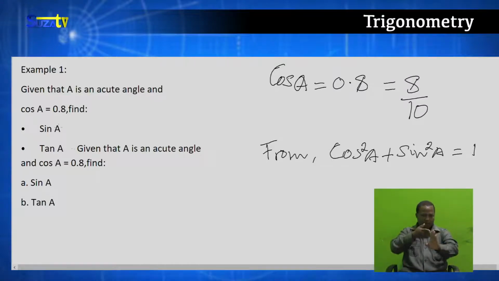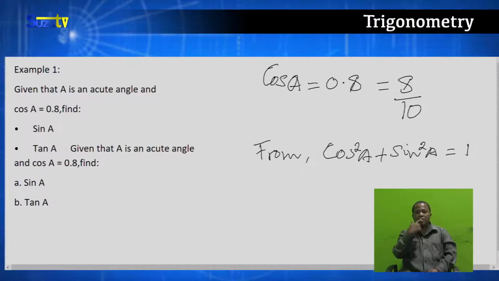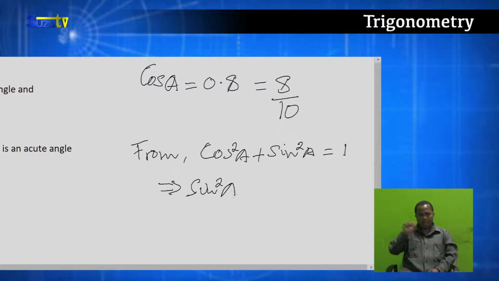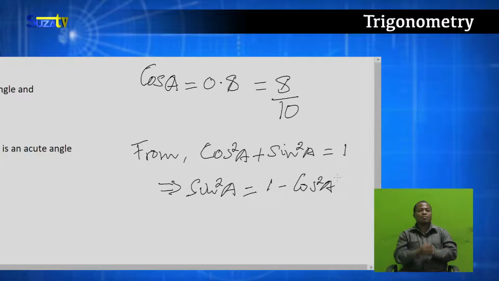Our target here is to work out sine A, but the given is cos A. But from this relation we observed earlier, cos squared A plus sine squared A is equal to 1, what I want to find here is sine A. So this implies that sine squared A is equal to 1 minus cos squared A. If we only want sine A, we have to take the square root of both sides.